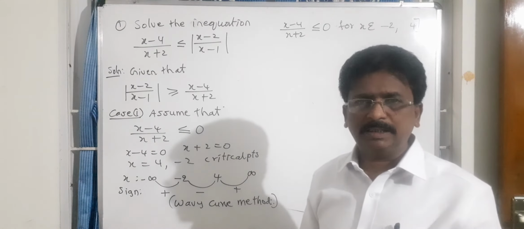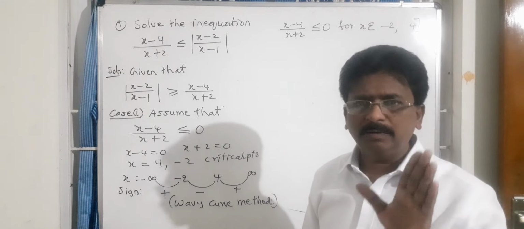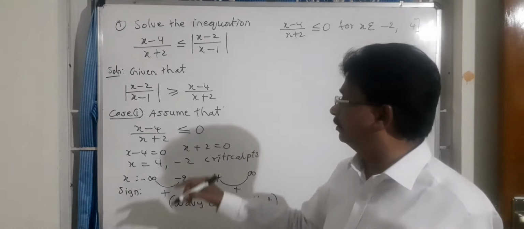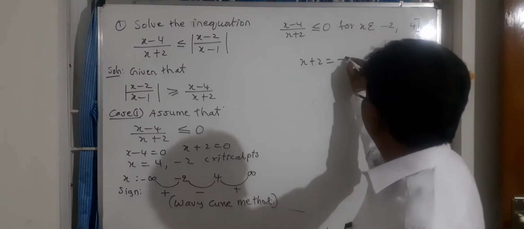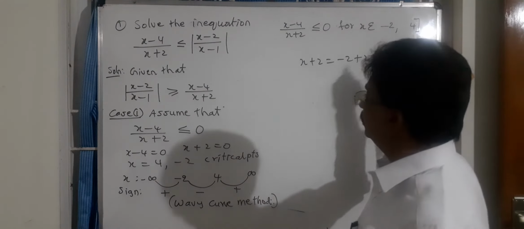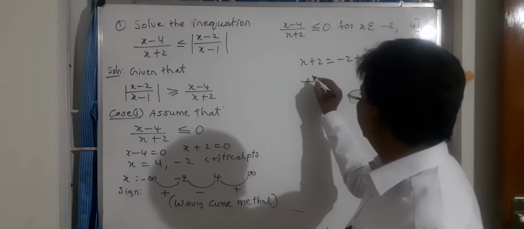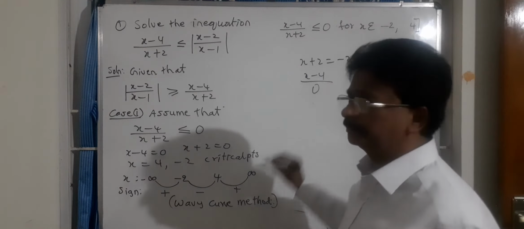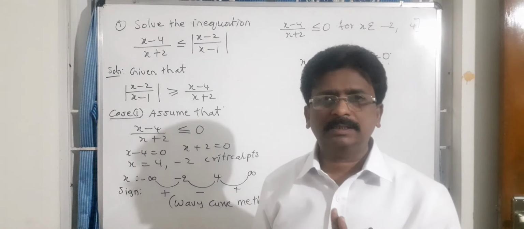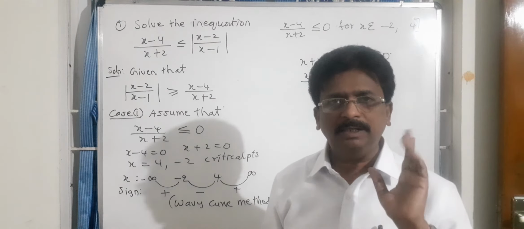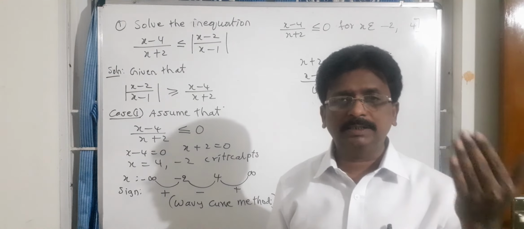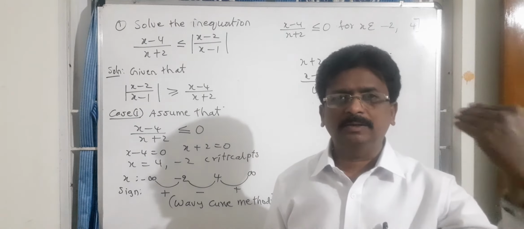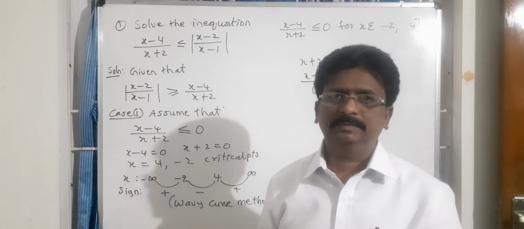What about the -2? If you include x equal to -2, you see the denominator x + 2 is equal to -2 + 2, which is equal to 0. The denominator is 0. Remember that always, if the denominator is 0, it is a meaningless number, an undefined number. In such cases, we have to avoid such x values.